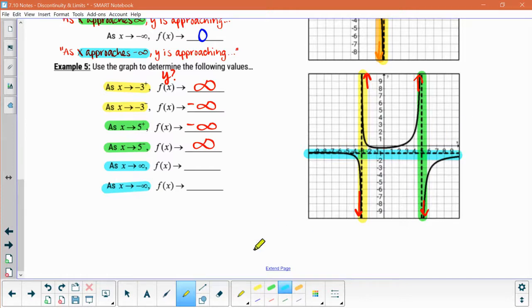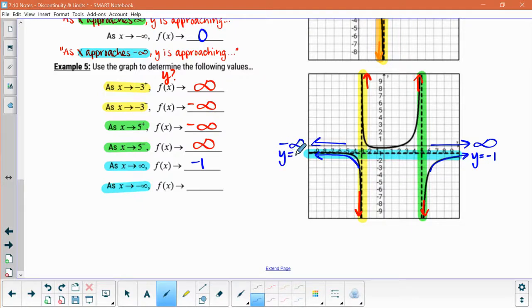So as x is going out to +infinity, my y values seem to be getting closer and closer to y equals -1 because my horizontal asymptote is at -1. And as x goes out to -infinity, my y values seem to be getting closer and closer to that same value. Y is equal to -1.